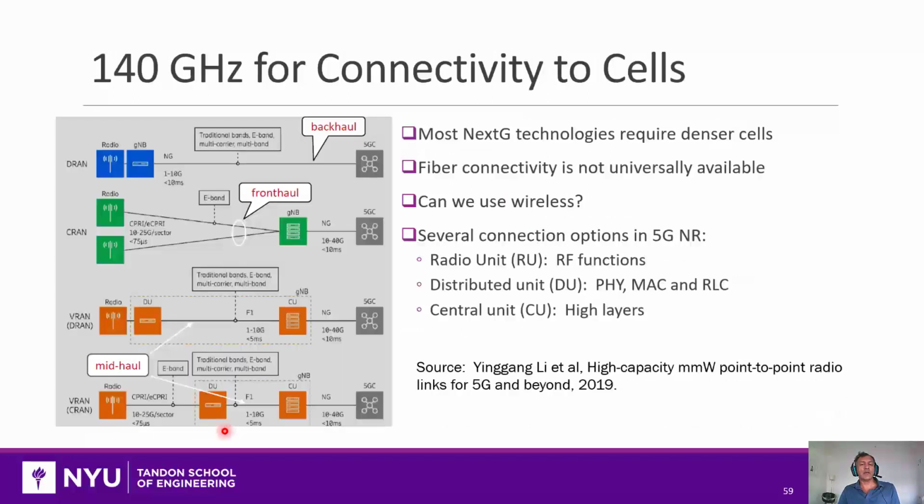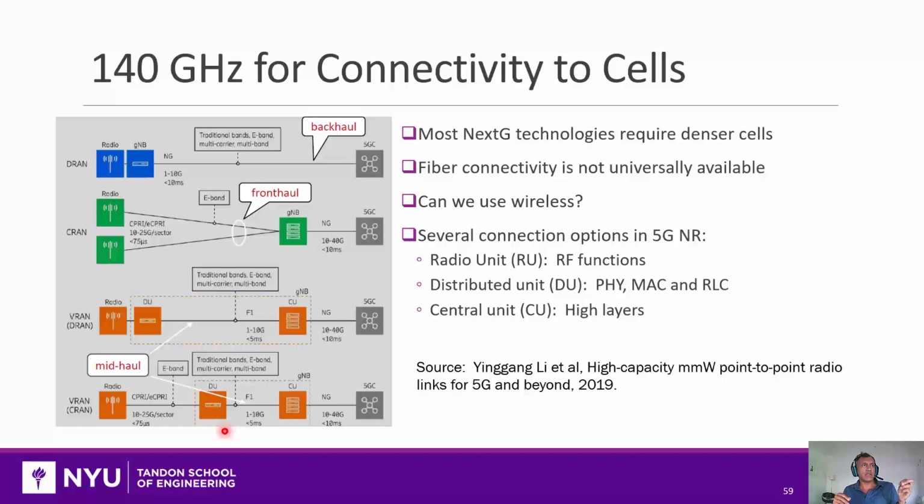Another pretty natural, at least near-term application is connectivity to cells. This has been a problem for all access technologies, even going back into the 4G time when you're looking at microcellular deployments. A continuous problem has been getting the fiber connectivity to those cells. There's other problems with just the site acquisition and so on.